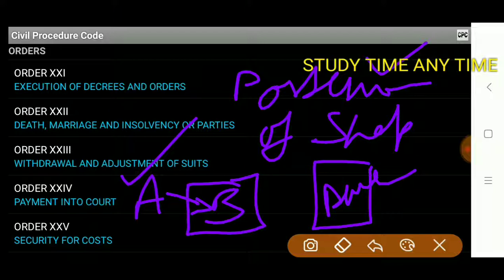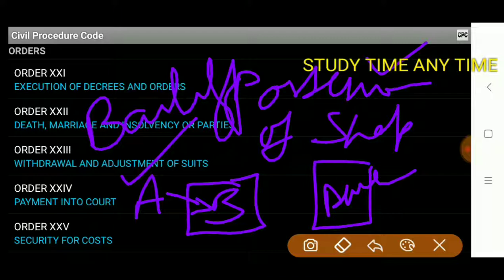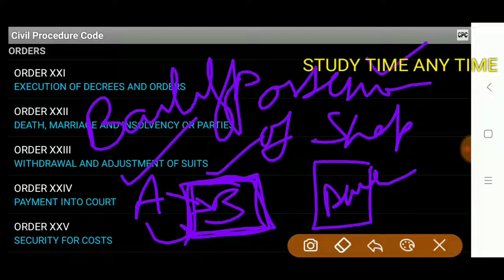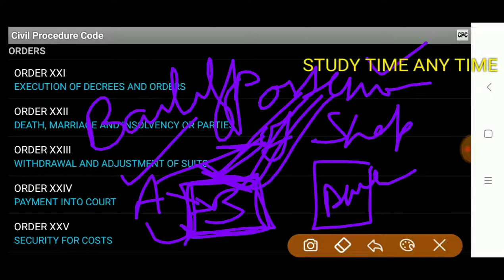The bailiff will go along with you and will get this premises empty, and you give the empty possession to A. So this is the entire procedure. Then A will come back to the court after getting possession and record his statement in the court that yes, I have got the possession of the shop and the decree has been effected positively, and then the said application is disposed of by the court.